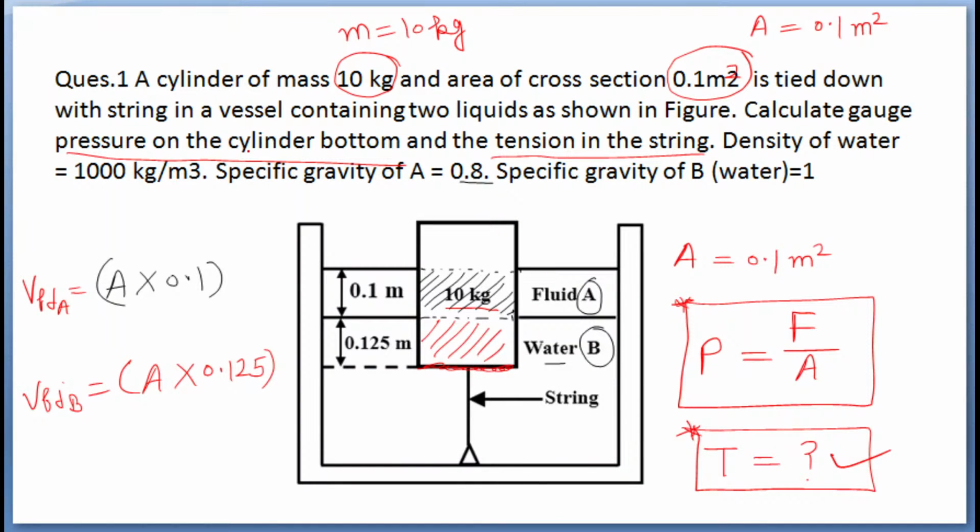Second part is pressure on the cylinder bottom. This part is remaining. How much pressure? Pressure equal to, as I told earlier, external normal force, which is of compressive nature.